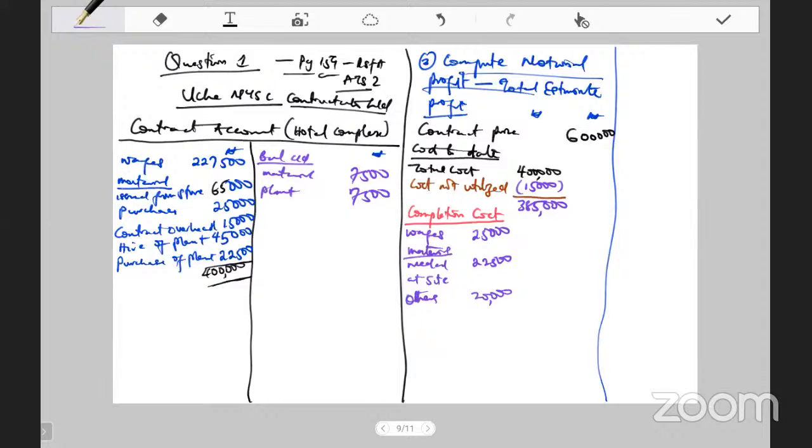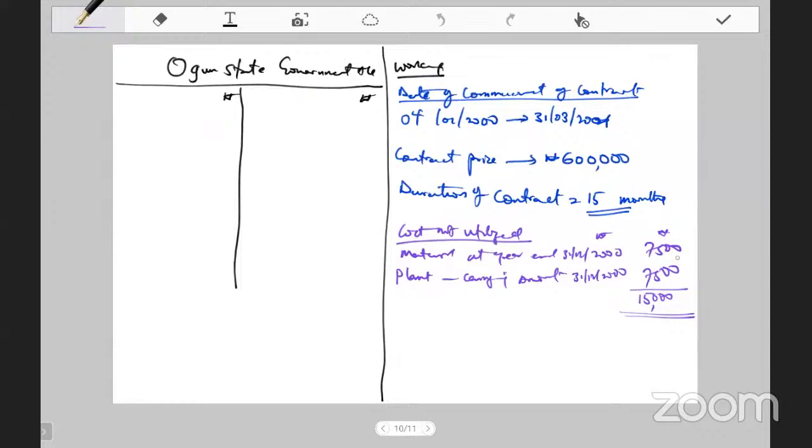We have said that we have incurred cost of 400,000 naira for the whole year, but that cost was not totally used in the year 2000. One of it is the material. We are told that the material on site still remains 7,500. We bought it in 2000, but have we used it?